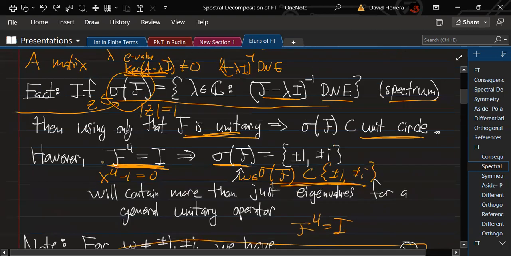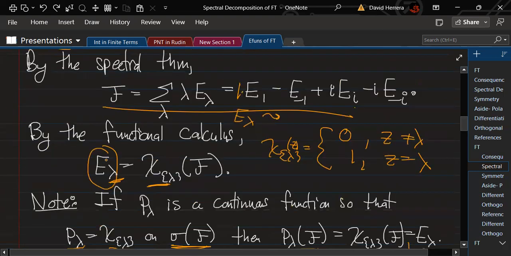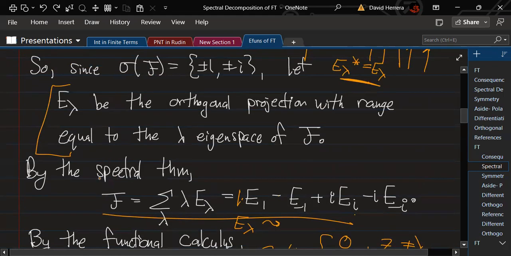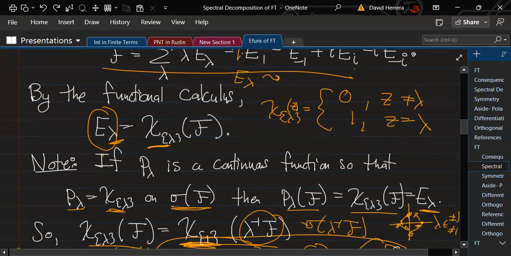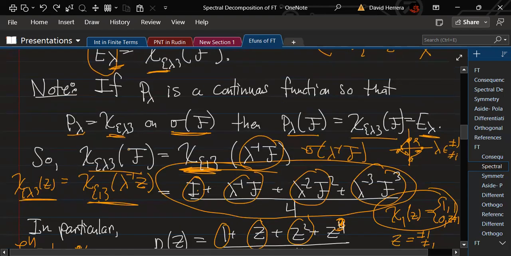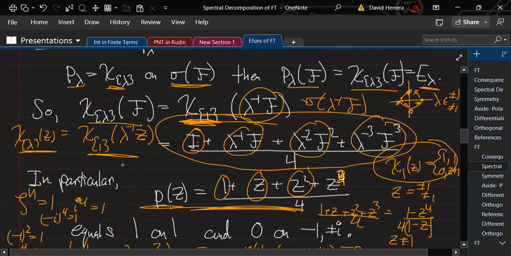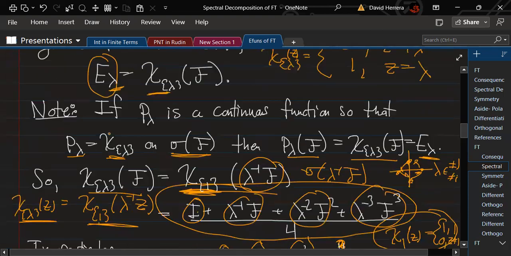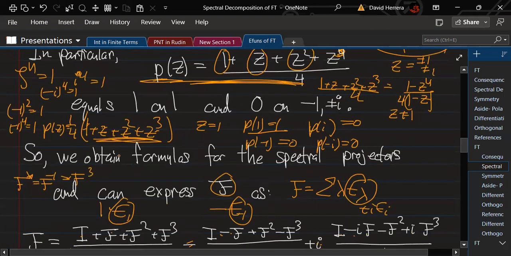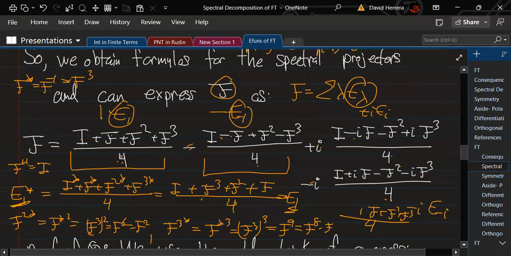Or not that exactly, because you can still define these things in terms of a polynomial function, and you can still check that they're projections. That's what we checked. We checked that this was a projection.